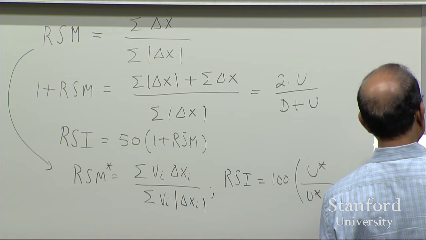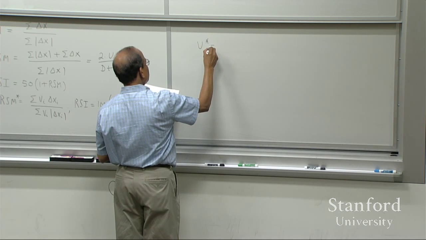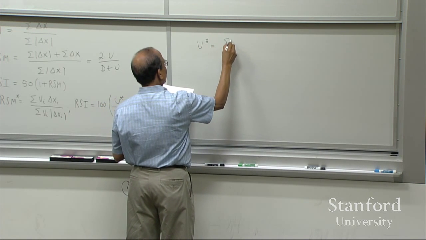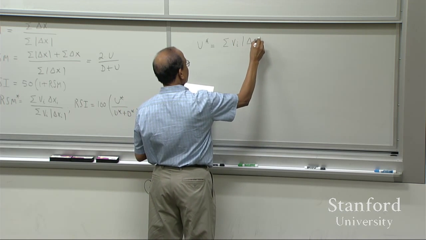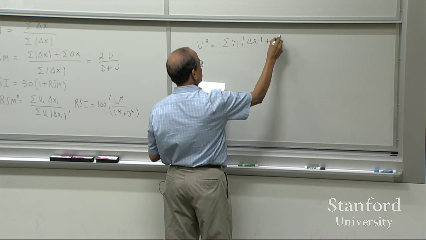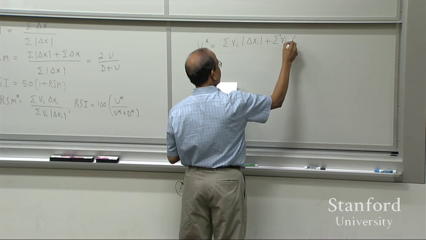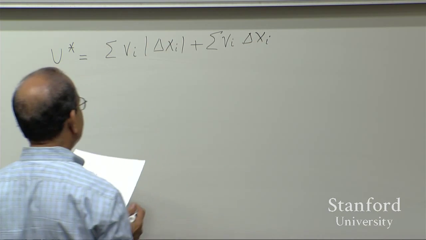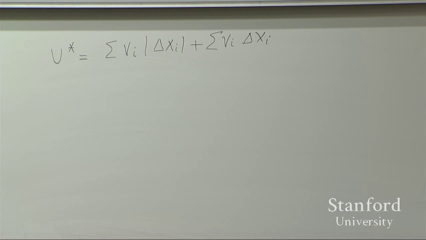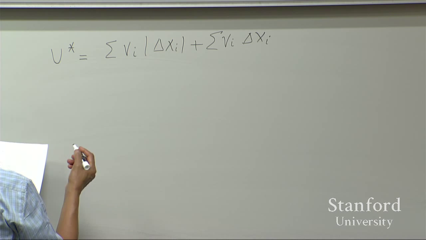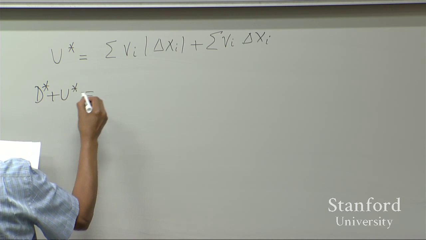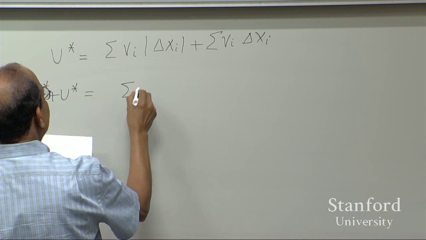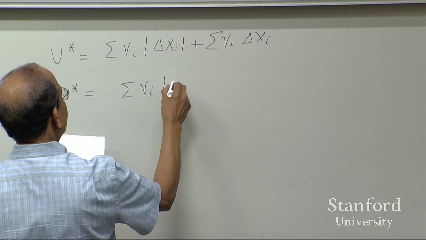So where u star is nothing but just looking at only the positive volume associated with the positive changes, the sum of V of i times delta x of i. Okay. And the denominator is supposed to be the combination of u star and d star, so d star plus u star is given as the sum of V of i times |delta x of i|.